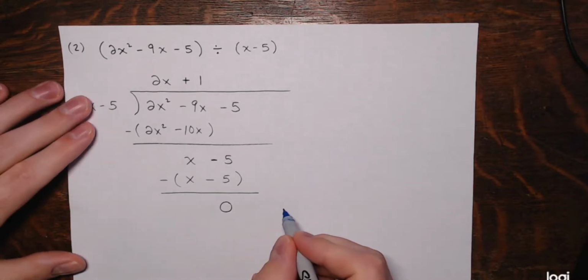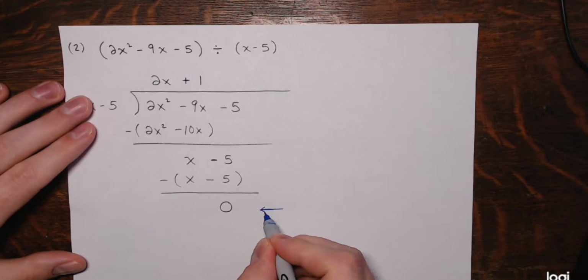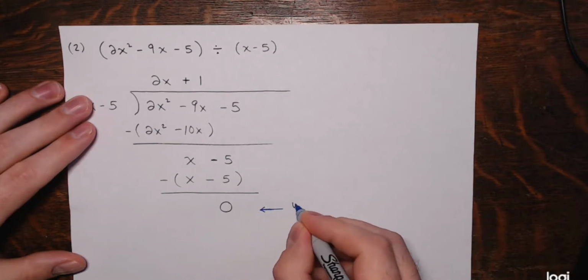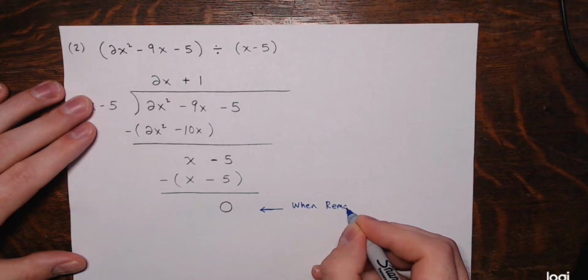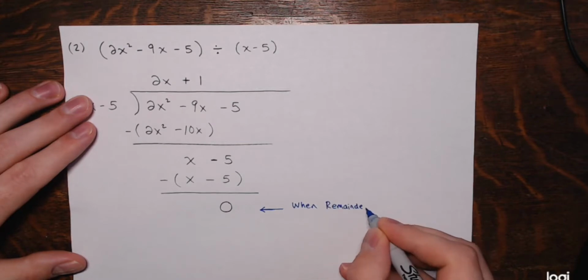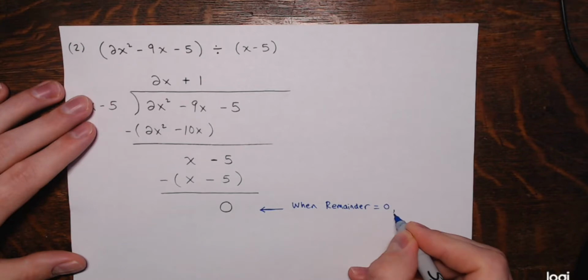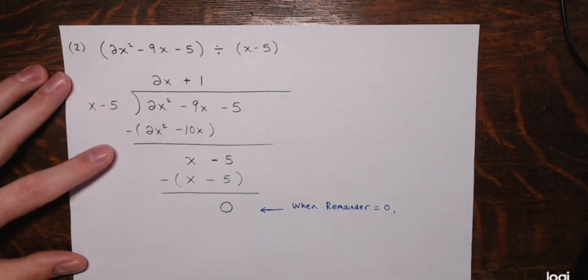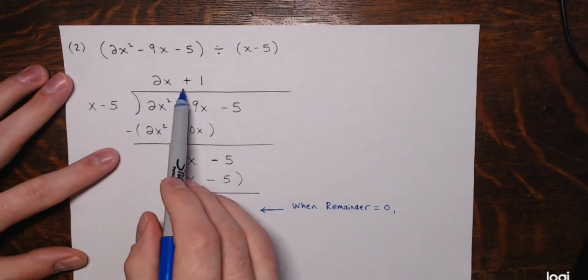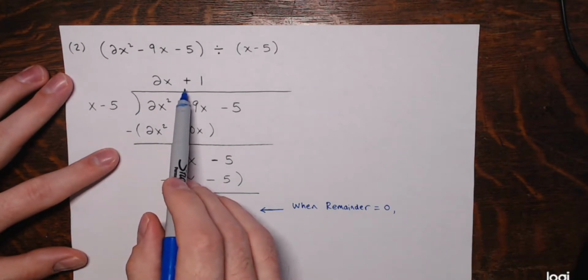Now, one note to point out here is when the remainder is 0, that means something. It means something special. When the remainder is 0, that means the divisor and the quotient are factors of the dividend.